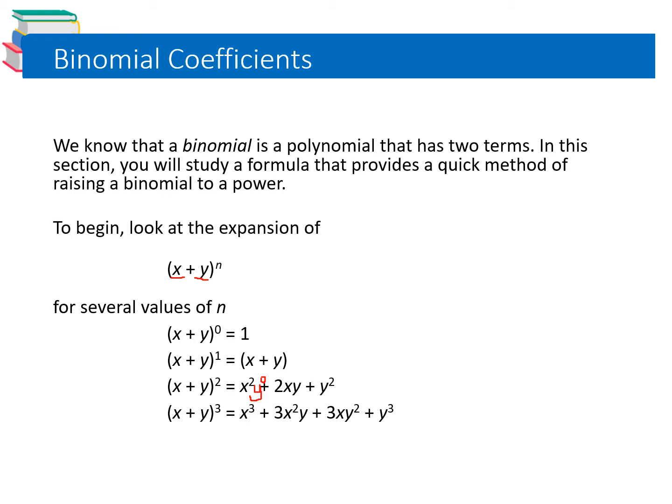Okay? Next, plus 2xy. Mapapansin nyo dito, si x is raised to 1 at si y is raised to 1 din. 1 plus 1 is 2. Lastly, y^2. 0 plus 2 is 2. This is x raised to 0.